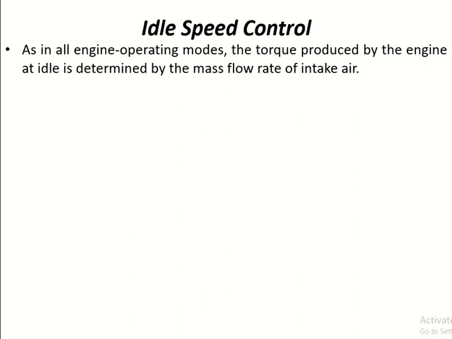As in all engine operating modes, the torque produced by the engine at idle is determined by the mass flow rate of intake air.